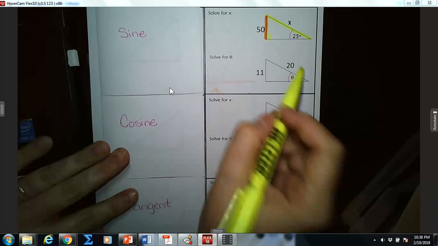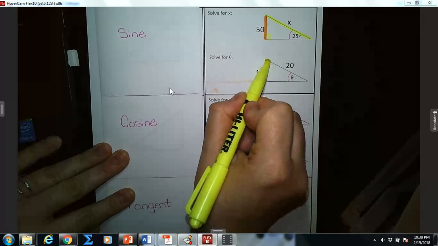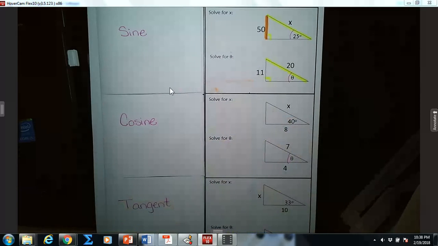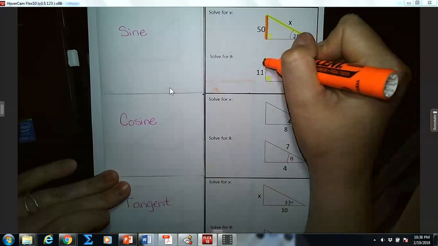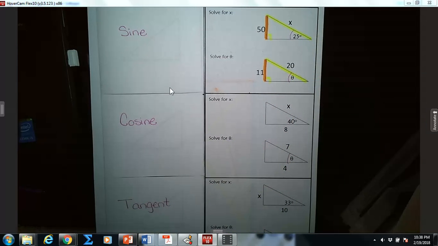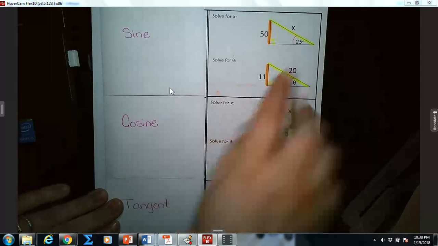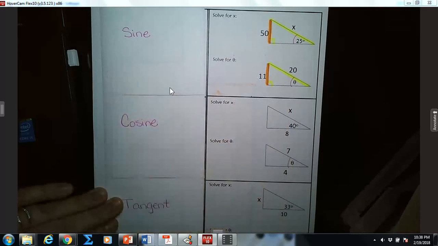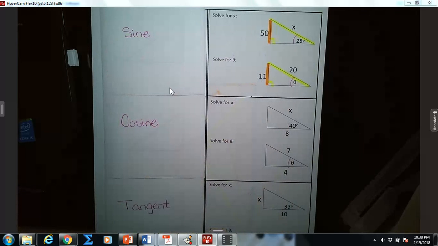And that's true of both of these. I've been given 20, which represents the hypotenuse, and I've been given 11, which represents the opposite side. Okay, well, when given a hypotenuse and an opposite side, that's where we're going to be using the sine function.